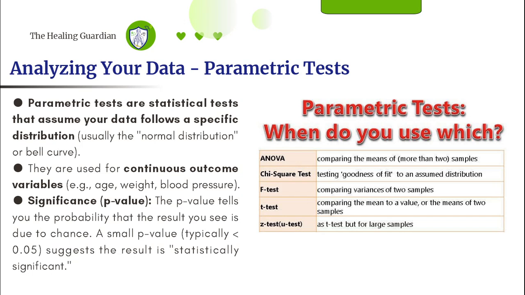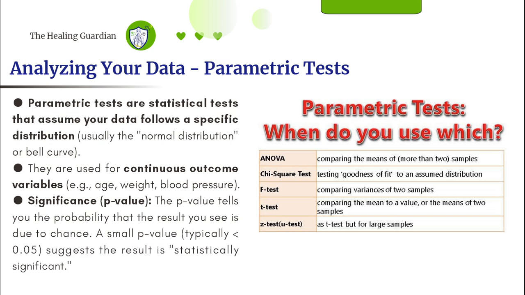And there are two kinds of tests depending on the type of data. We can do parametric tests or non-parametric tests. Parametric tests are the statistical tests that assume that your data follows a specific distribution, usually the normal distribution. That is when we talk of the Z tests, the T tests, the F tests. They are used for continuous outcome variables like age, weight, blood pressure.